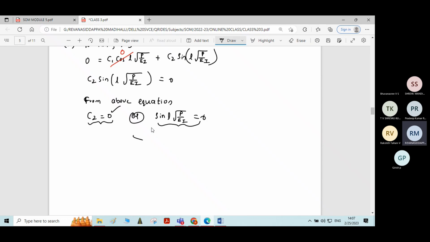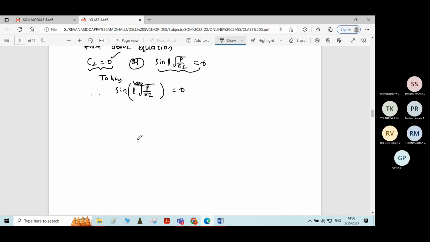Therefore, let us take the second correct condition. Therefore, considering sin L root P by EI is equal to 0. If the RHS has to become 0, what should be the value of the bracket term?